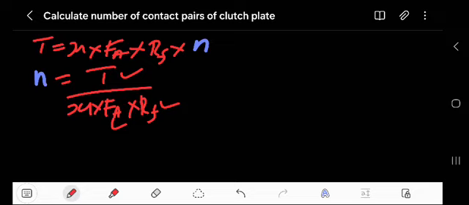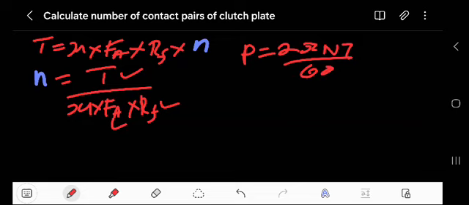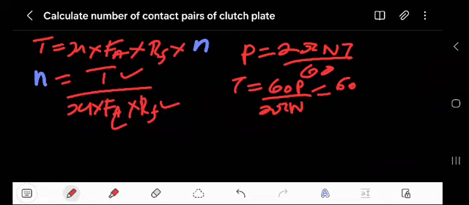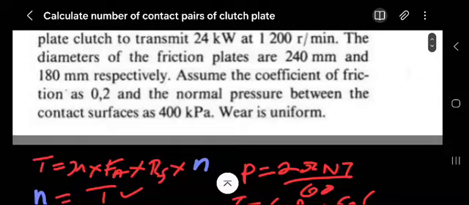We know that power equals 2 pi N T over 60. That is where we get the torque. If you make the torque the subject, it will be 60 P over 2 pi N. What is the power? We're given the power there.